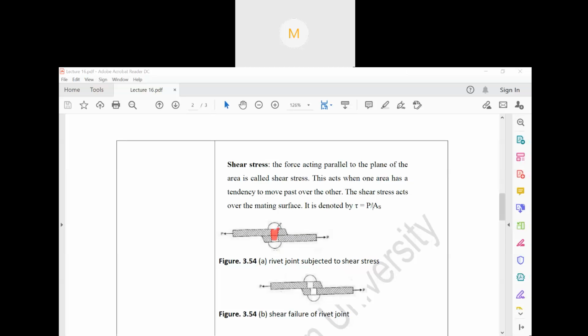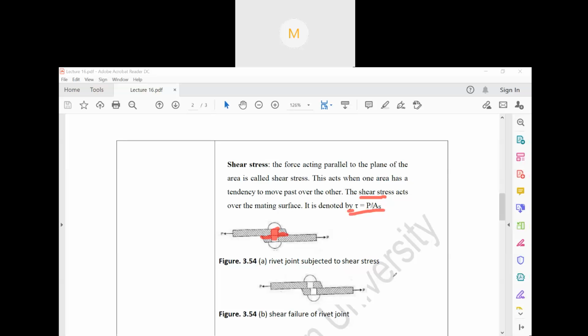Once shear stress is applied, it will experience the stress here and eventually get torn out. So this type of stress is shear stress. It is denoted by tau. Remember, normal stress is denoted by sigma, but shear stress is denoted by tau. Tau equal to P by A S.